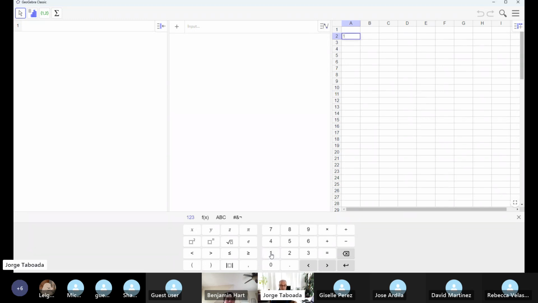I press in my keyboard manually tab. One. Tab. Negative one. Tab. I press 3. Negative 2.